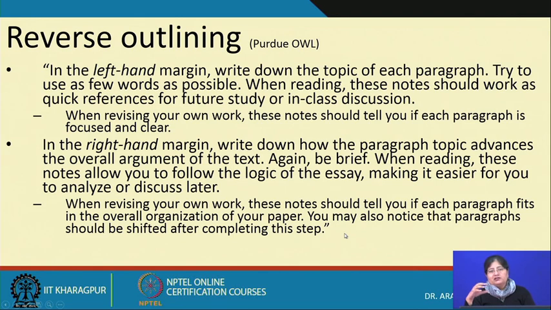So, after you've completed this step, you will realize that you have talked about one aspect or one subheading in, say, place A. You have talked about another subheading in, say, place B. And so, after you have made these sort of notations, then you might want to shuffle or shift some of the work that you have done to different places, and it helps you in organizing your work. So, this is all about outlines.